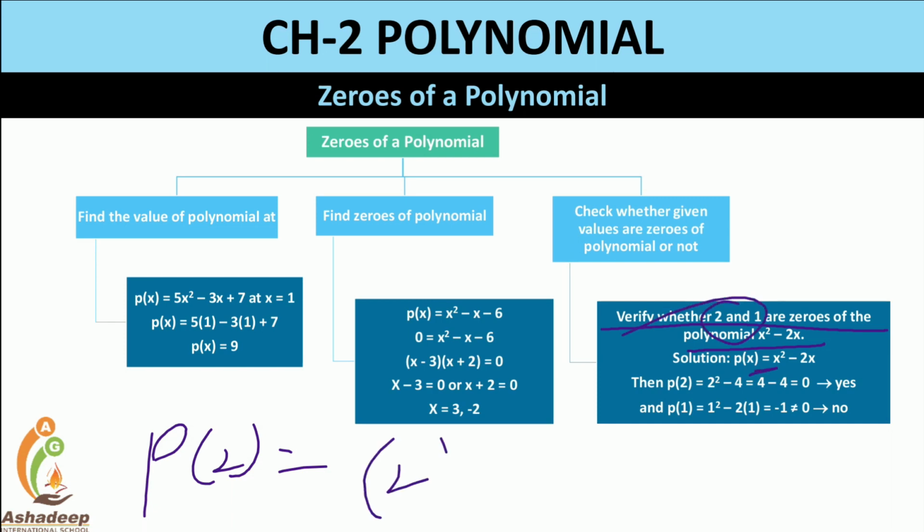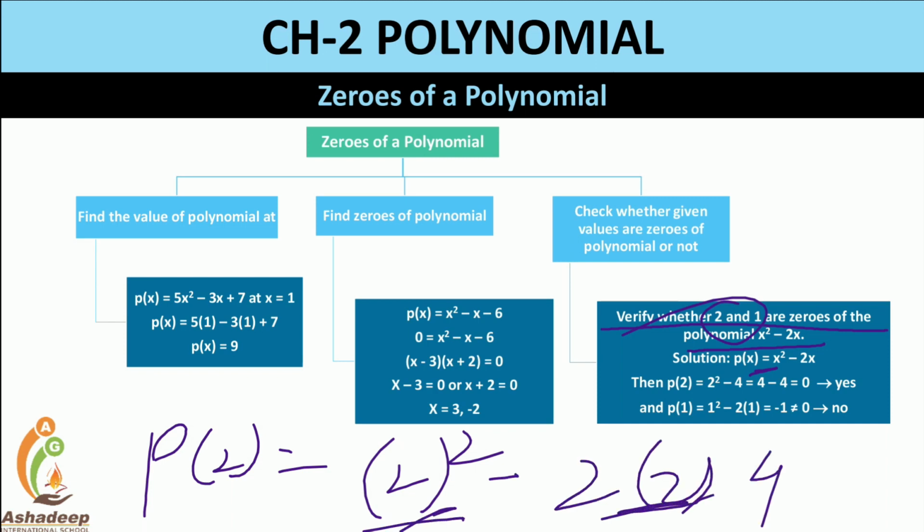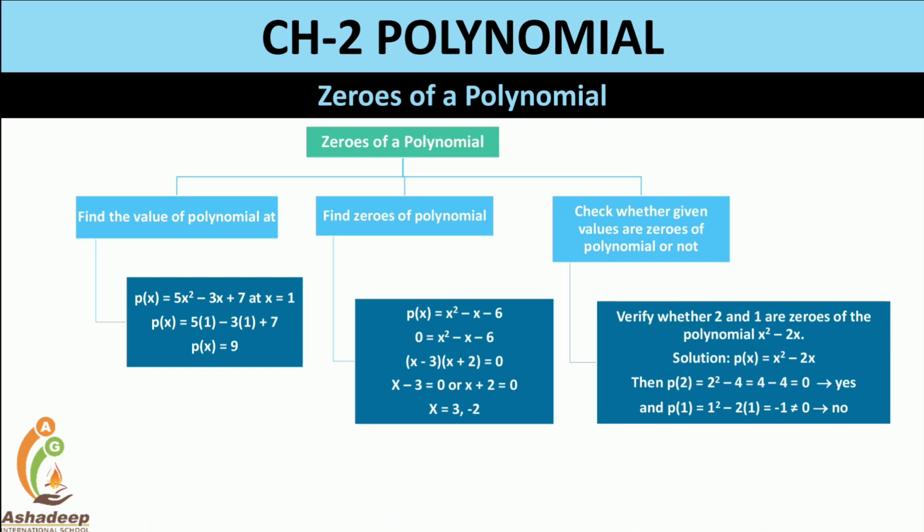So this is going to be 2 square minus 2 into 2. 2 2s are 4, and 2 2s are 4, 4 minus 4 is equals to 0. If it is 0, then we can say yes, 2 is the 0 of the given polynomial.